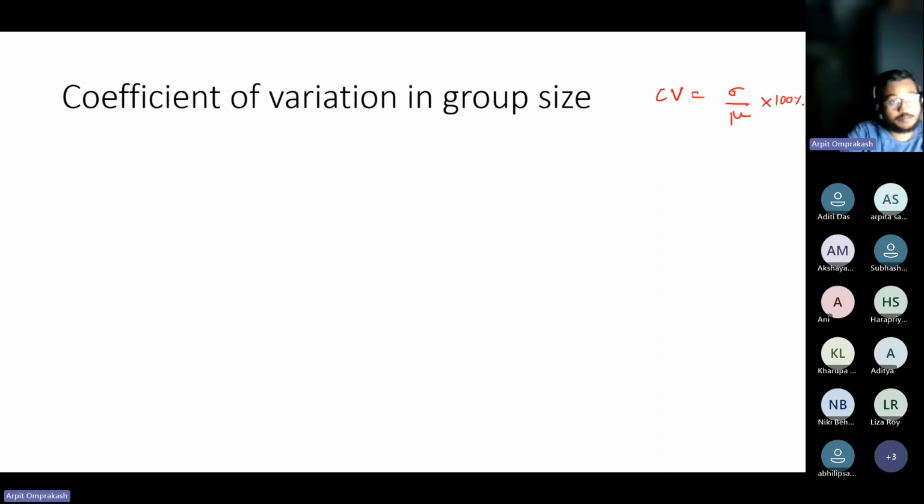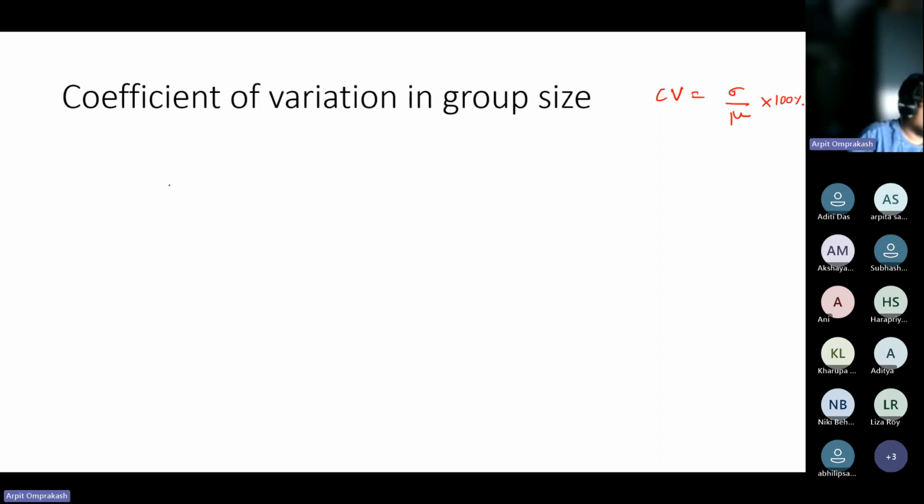Let's say for buffer we had 5 samples, and for core we had 20 samples. To compare how the standard deviation and mean relate to each other in such cases, we would need to compare the coefficient of variation, sigma by mu into 100, which is the percentage of variation.